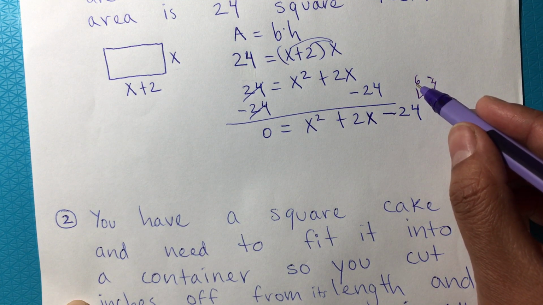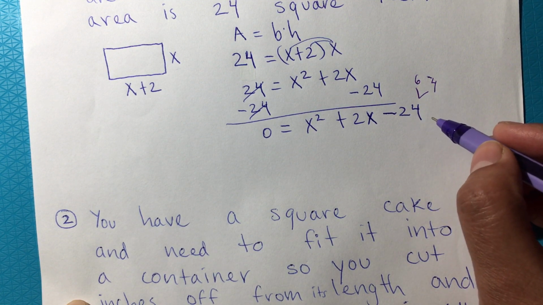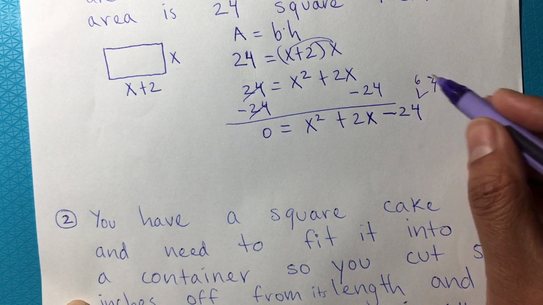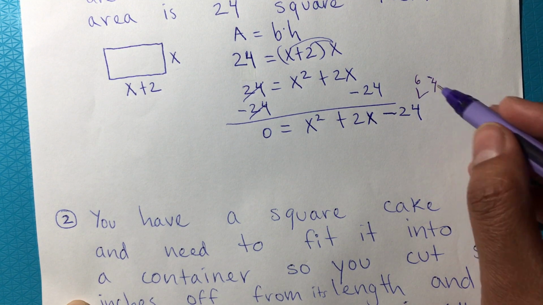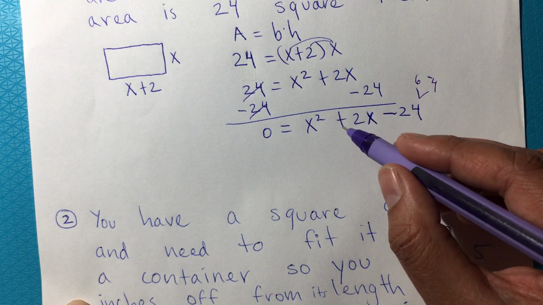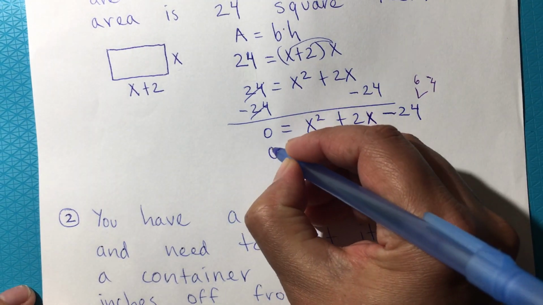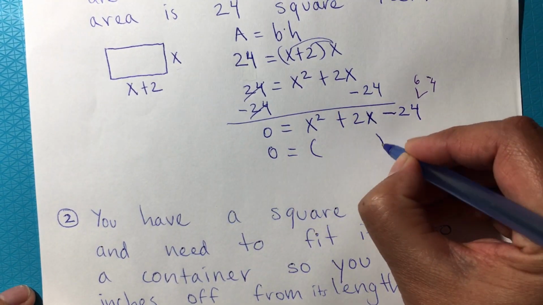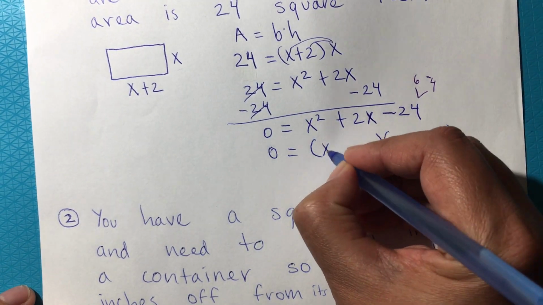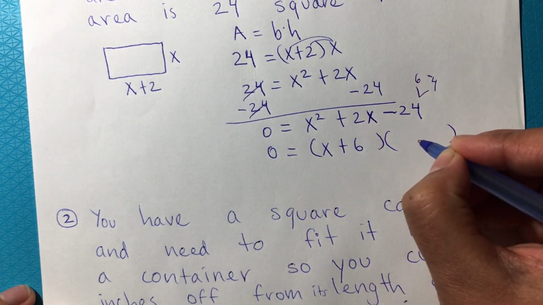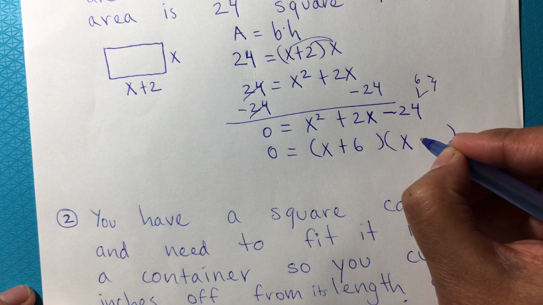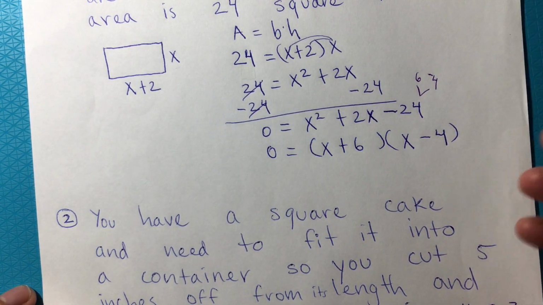So positive 6 times negative 4 is negative 24. But when you subtract those, and we subtract because we have different signs, so now it's positive. So the factors in here will be x plus 6 times x minus 4. But that's not it.